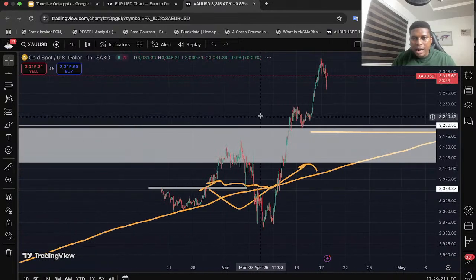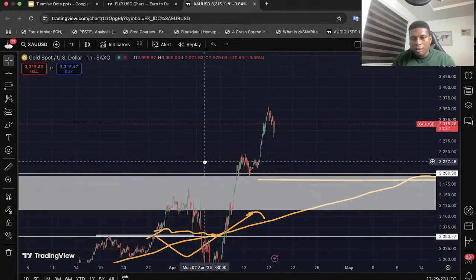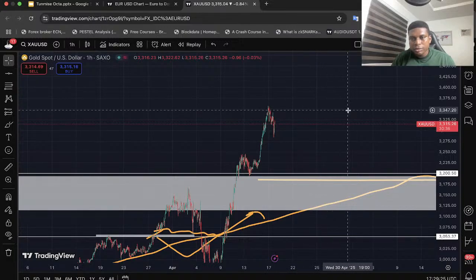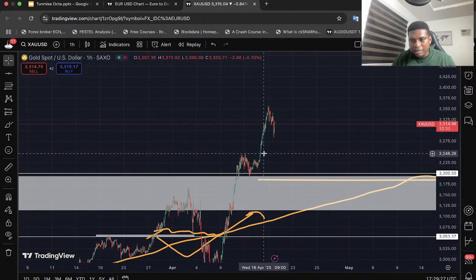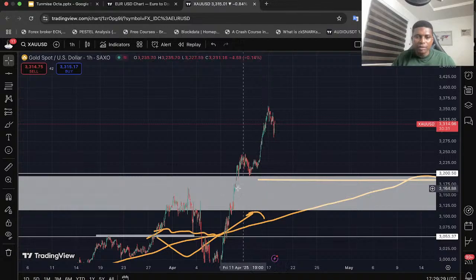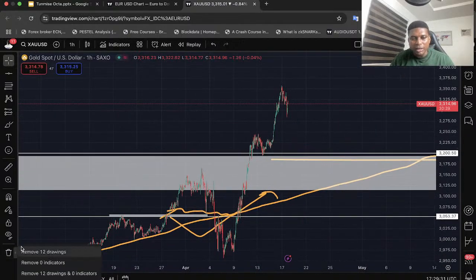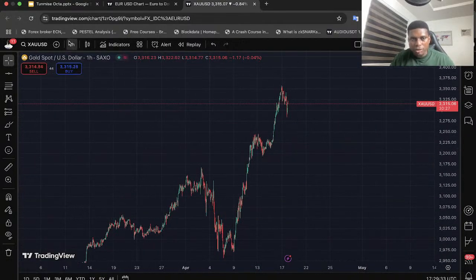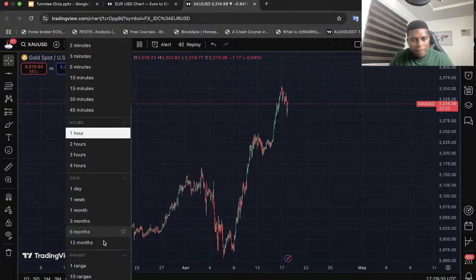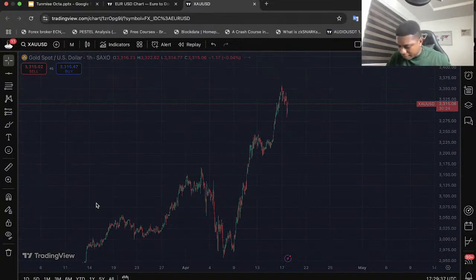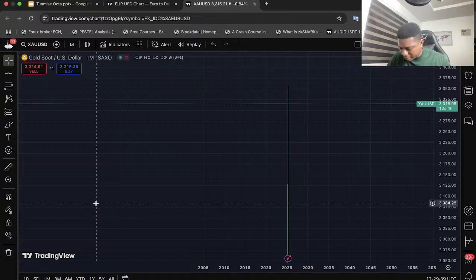But look at where we are, now it has even surpassed our target level. So let's go over it again. I'm going to go to the 1 month time frame.